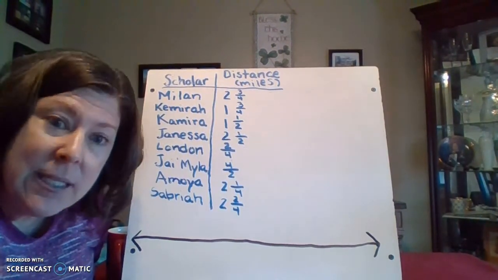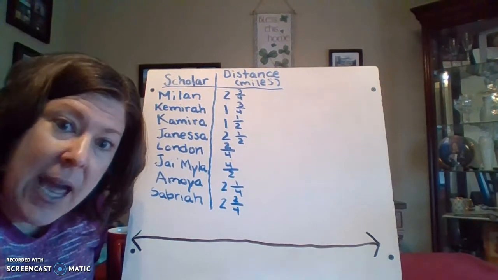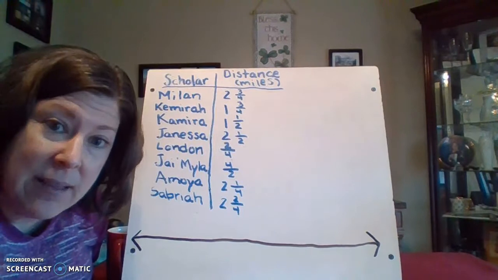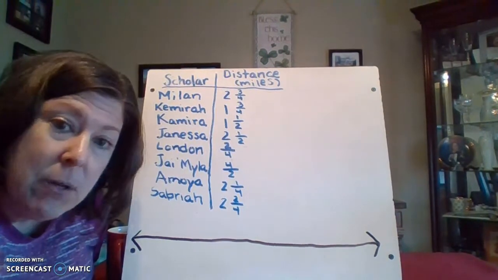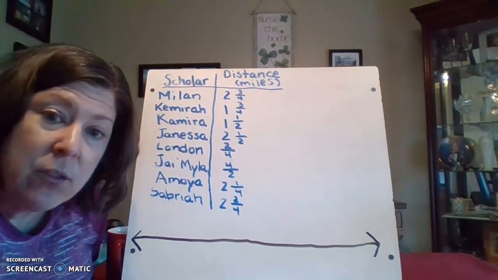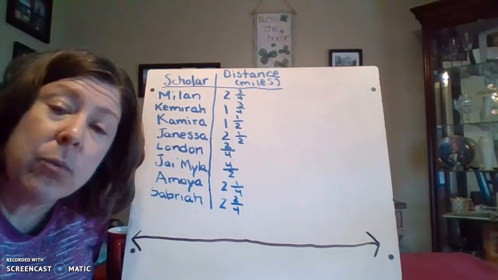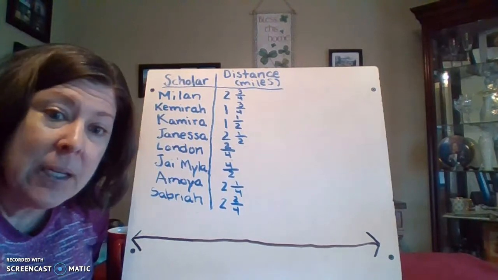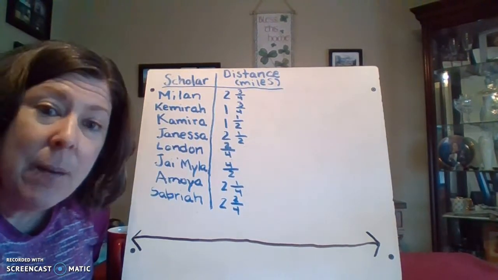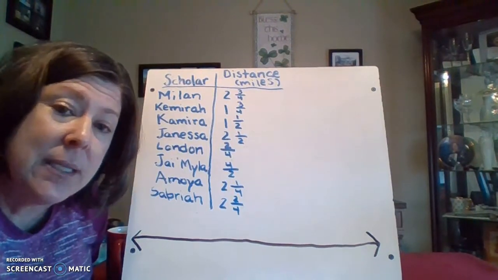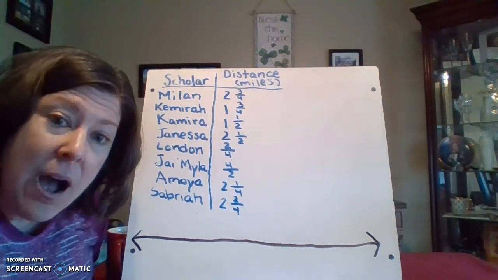They were all doing the same thing, and the table represents the distance that they went. So for example, Milan, 2 3/4 miles. Kimira, 1 3/4 miles. Kimira, 1.5 miles.